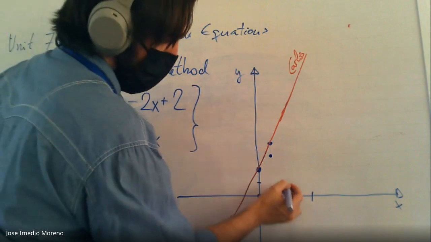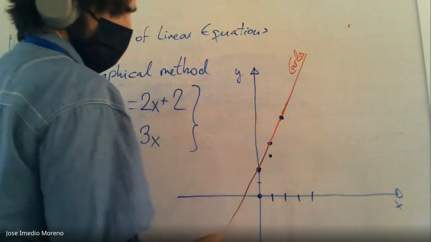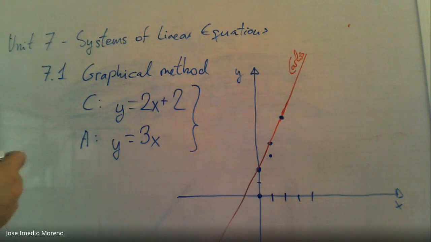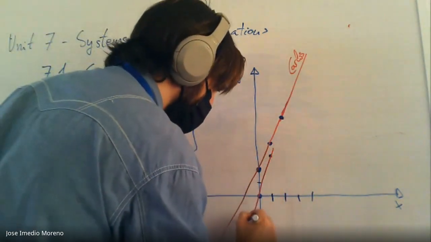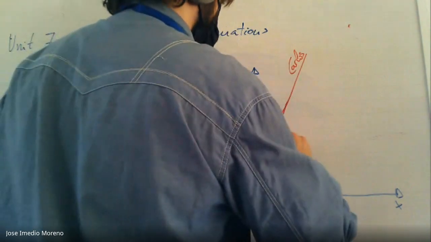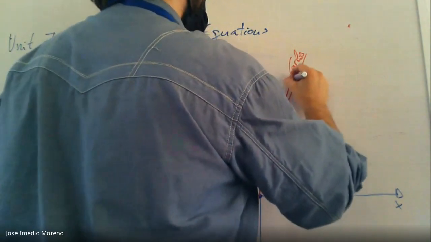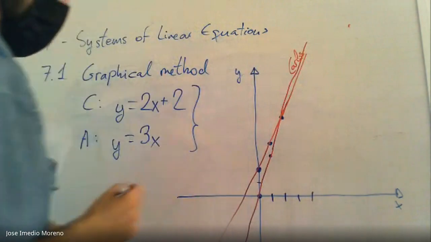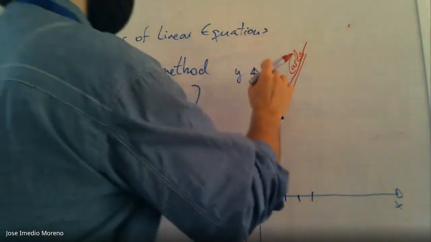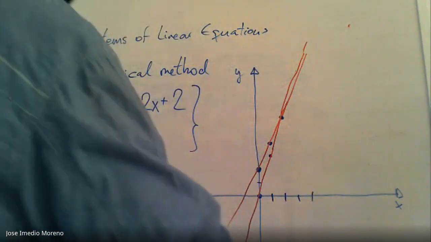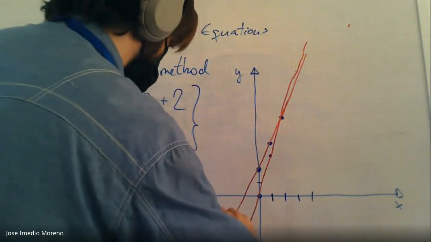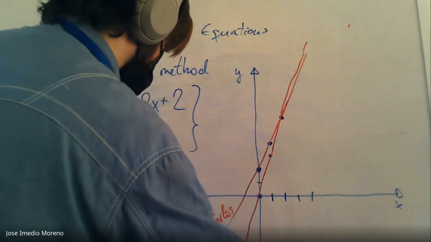After 2 months, 6 books, and so on. So we can make the line for Andrea. Sorry, this is not that clear up here. So this was Carlos, and this is Andrea.